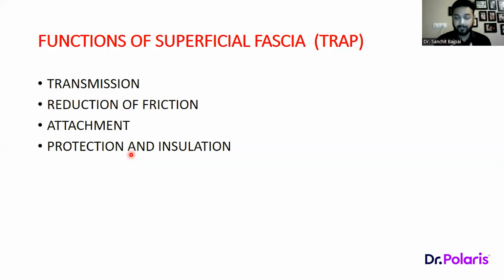Now, just think. You are in your dissection lab. Some of you might have also started dissections by yourselves. As soon as you cut the skin, as soon as you see the yellow fat coming, your first thought should be that I am at the level of superficial fascia, right?